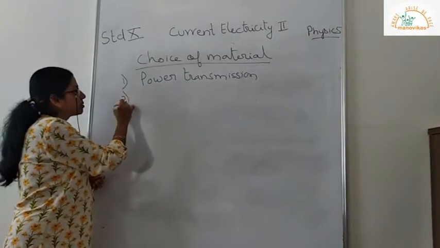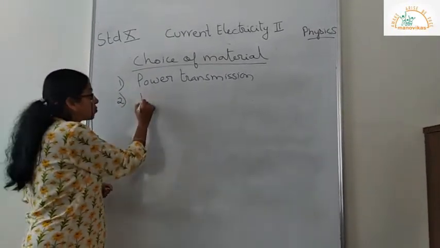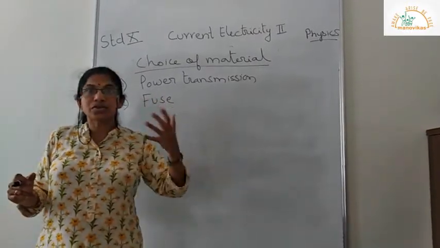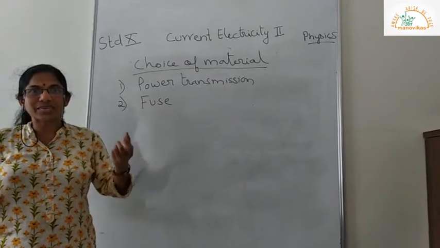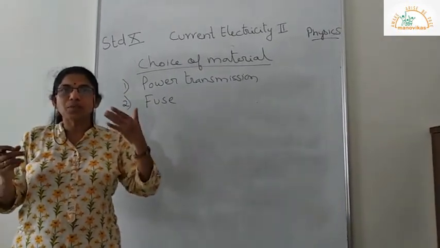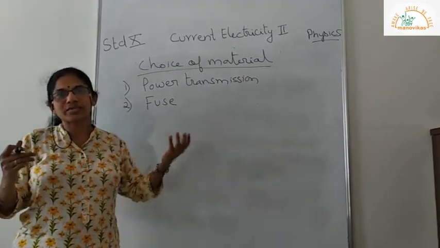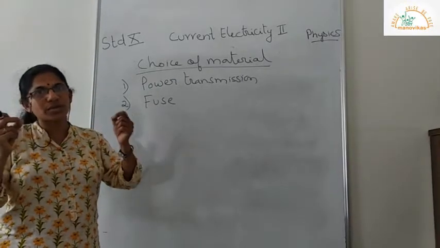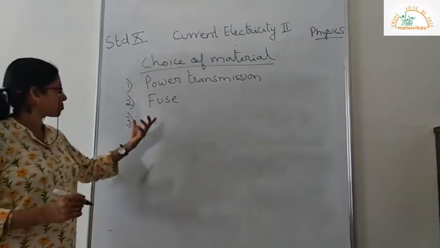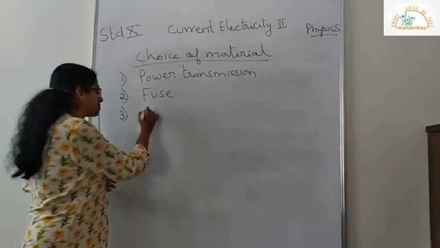Second is if you want to use it for a fuse wire. Now, what are the specifications needed for a fuse wire? It should have a low melting point. So usually an alloy of lead and tin is used to make a fuse wire. The third one is choice of material for heating resistors.